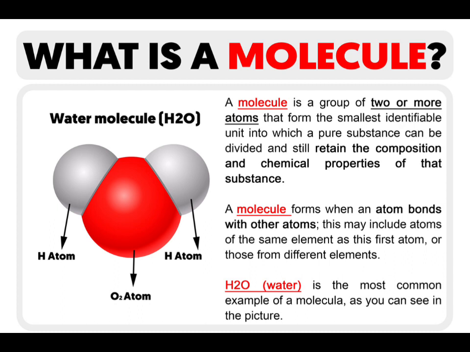Now, most elements exist as individual atoms, like calcium, Ca, magnesium, Mg, sodium, Na. They can exist like that. But there are many substances that exist as 2 or more atoms, connected together so strongly that they behave as a single unit, a single particle.